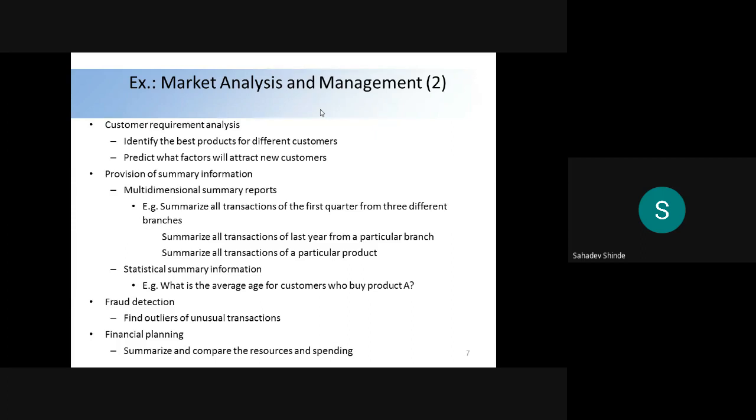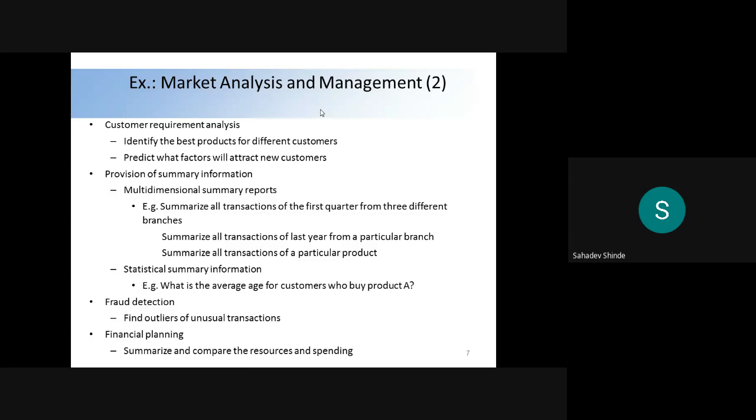For example, summarize all transactions of the first quarter, summarize all transactions of last year from a particular branch, summarize all transactions of a particular product. And statistical summary information, for example, what is the average age for customers who buy product A?